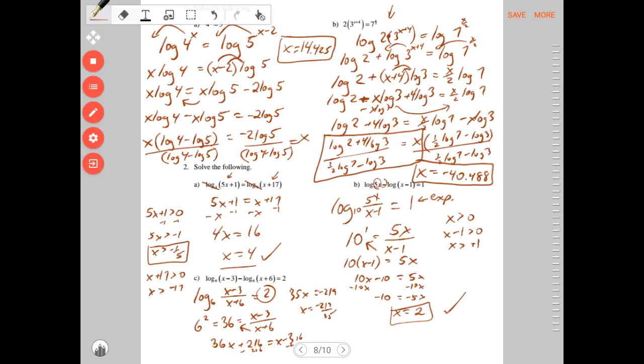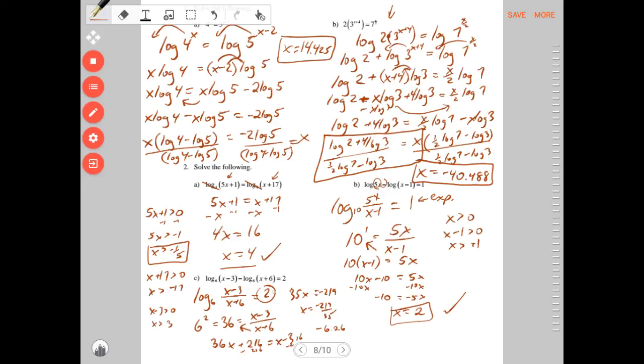Wow. Okay, that's a very large negative number. Let's see, as a decimal, negative 219 over 35 is negative 6.26. Now let's check the restrictions on here. So x minus 3 has to be bigger than 0, so x has to be bigger than 3.